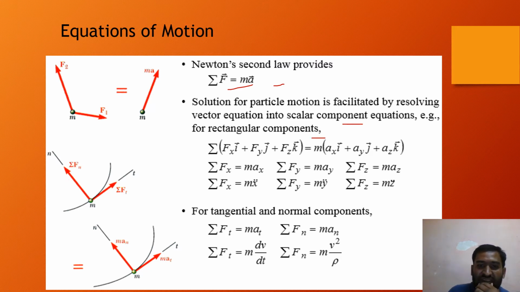Summation of Fx i plus Fy j plus Fz k is equal to m(ax i plus ay j plus az k). That is the equation we got from here.